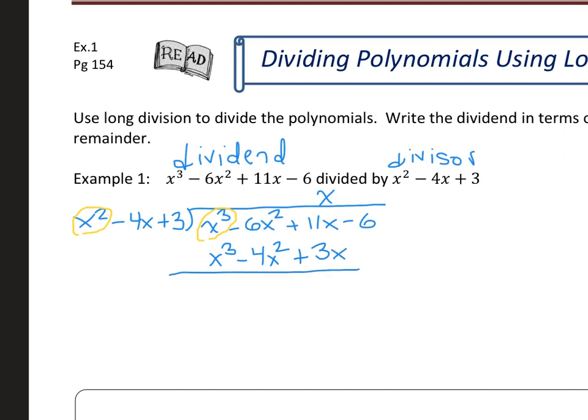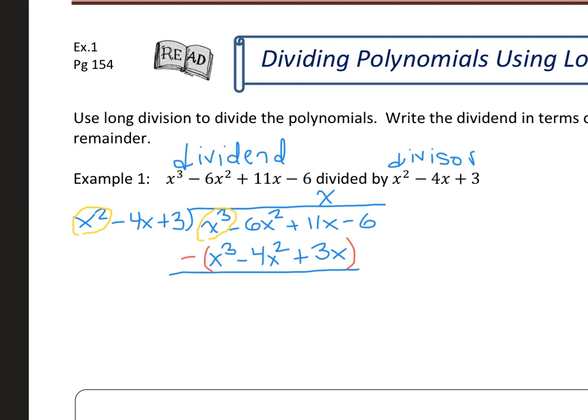Just like what we did with numerical examples, we would now subtract this, only this time we're subtracting an entire polynomial from another. And so as you recall in our addition and subtraction video, when we have this subtraction in front of this entire polynomial, it has the effect of changing everyone's sign to its opposite, because it's like a negative 1 distributing to each term.